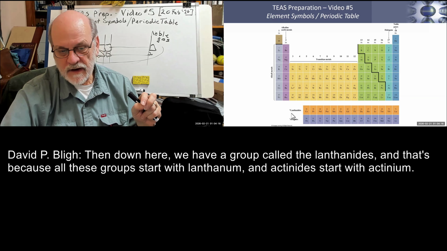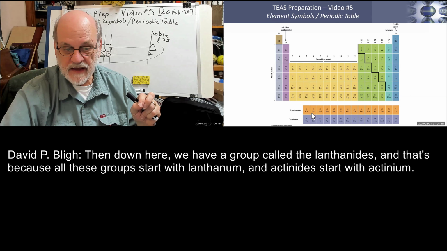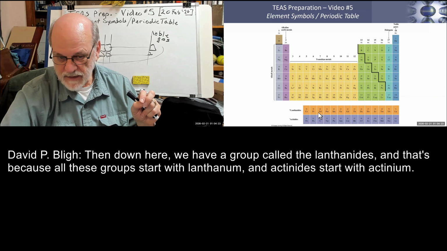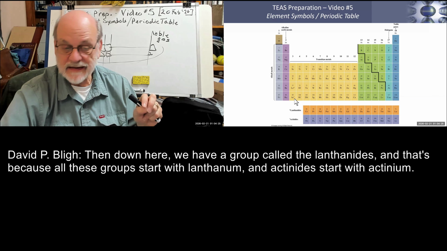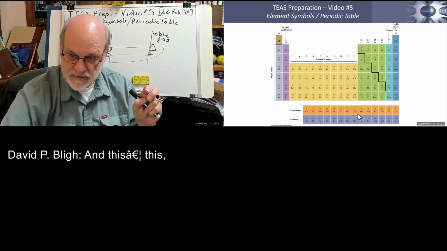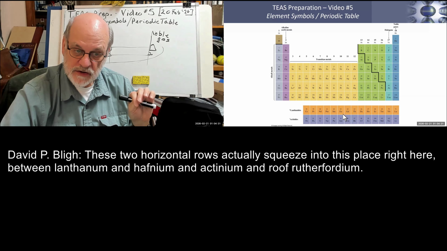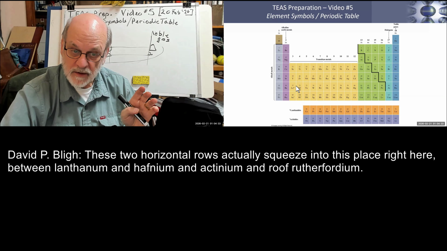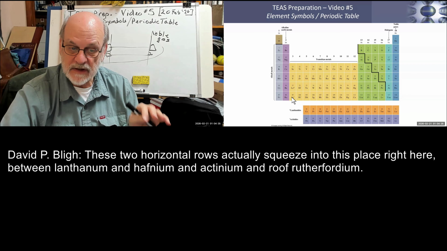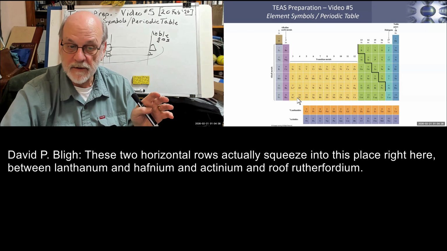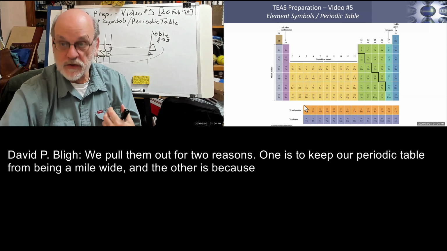Then down here we have a group called the lanthanides, and that's because all these elements start with lanthanum. And actinides start with actinium. These two horizontal rows actually squeeze into this place right here between lanthanum and hafnium and actinium and rutherfordium. We pull them out for two reasons.